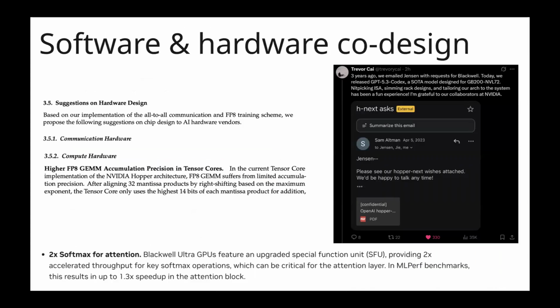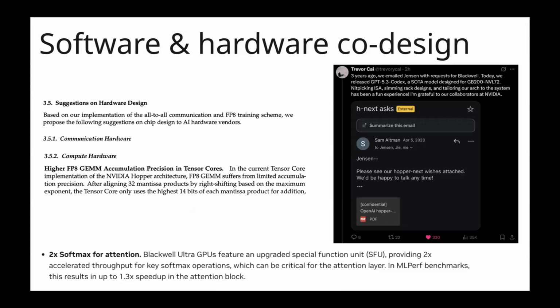Yeah, this is the last slide, but basically I tried to depict the state of the industry, not right now, but some years ago. Software and hardware are closely tied and they are co-designed. On the right, you can see a screenshot from Twitter of one of the compute leads at OpenAI. They say that 3 years ago, they finalized their wishes for Blackwell GPUs and sent them over to the NVIDIA guys.